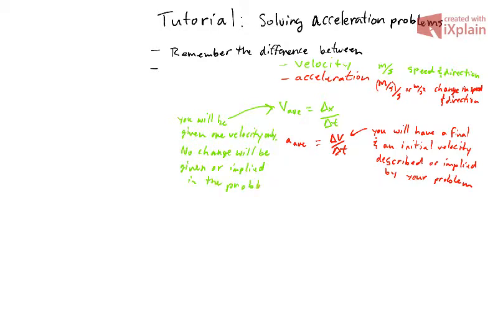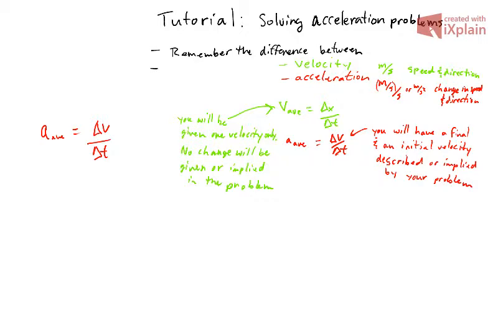Alright, so if you can distinguish between those, then it's just a matter of remembering how to do algebra and being comfortable with the fact that in physics we use a lot of letters, and letters can mean two different things. If we're talking specifically about the acceleration equation, a average equals delta v over delta t, then there are three elements to this.